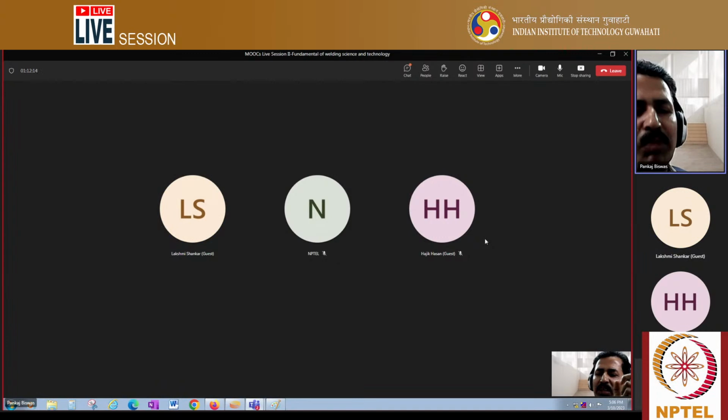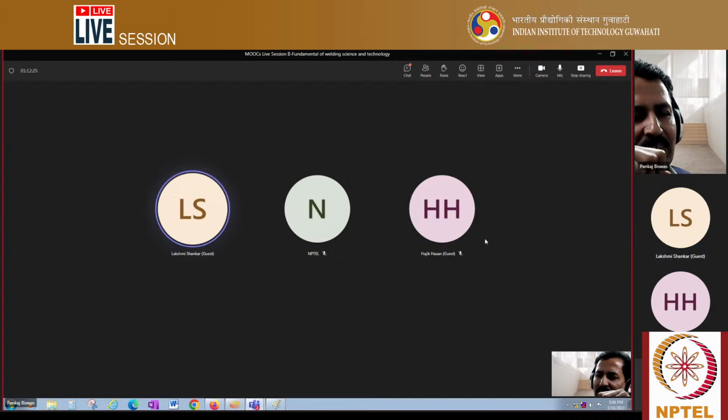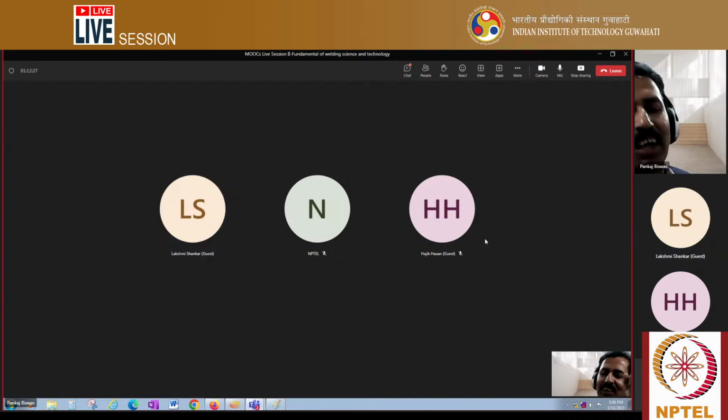Now you told me, okay sir, if the diameter of this electrode is higher, then resistance will be more or less? Less, sir, because resistance is inversely proportional to area. The area of cross section increases, then resistance decreases.